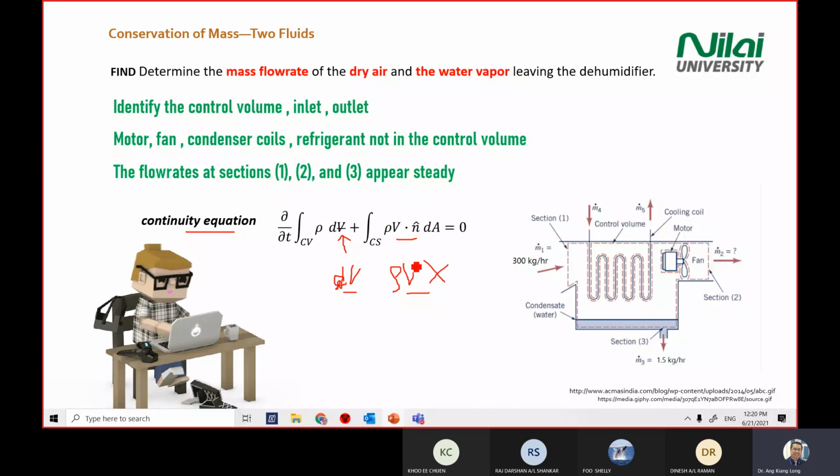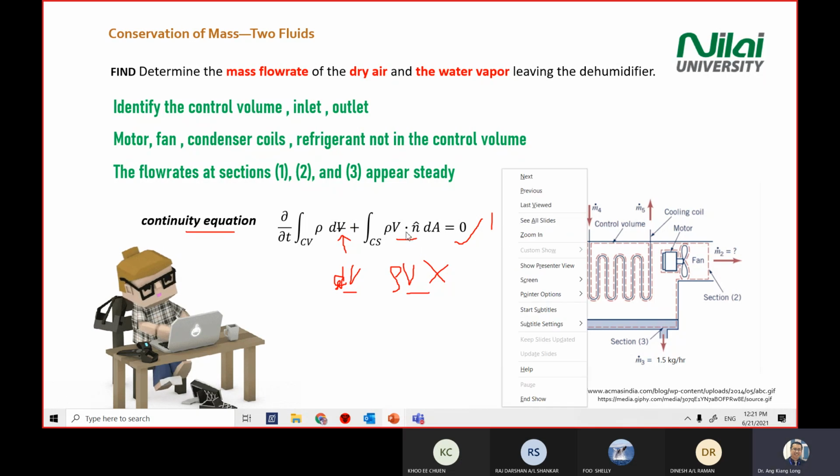I'll mark the equation wrong, so you'll miss 1 mark for the general equation. Take note of the notation that you use. It's easy to score marks in this module, and also easy to lose marks, so be careful on the notation. This one is a dot, with a vector sign above the n here.